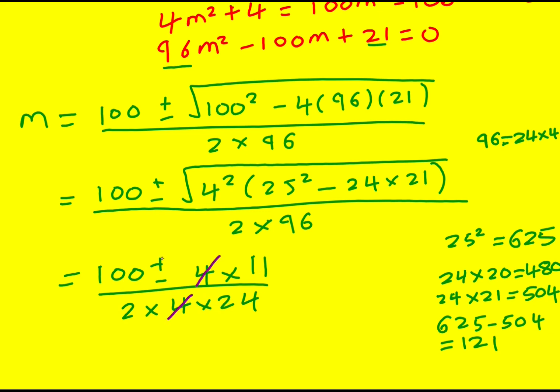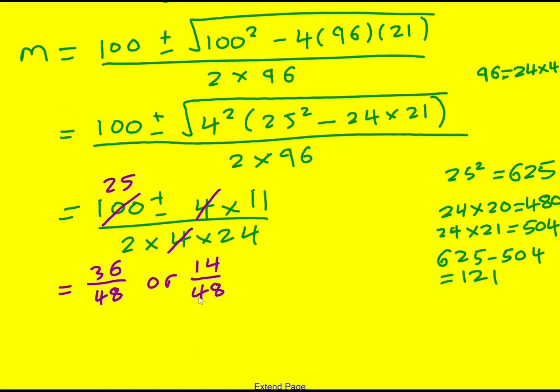The 4 cancels with this one and with this, leaving us finally either 36 over 48 or 14 over 48. There's a common factor of 12 here, so 3 over 4, or we can cancel this down to 7 over 24.